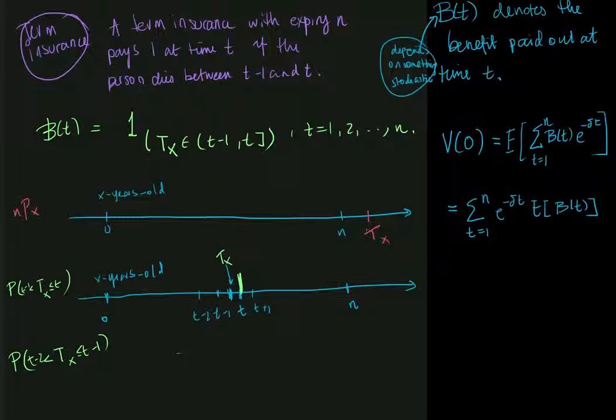So we can do some more calculations, and then the book will actually give you how this is equal to this thing here, and you can find the expression for this in the book. So this is the expected present value of term insurance.